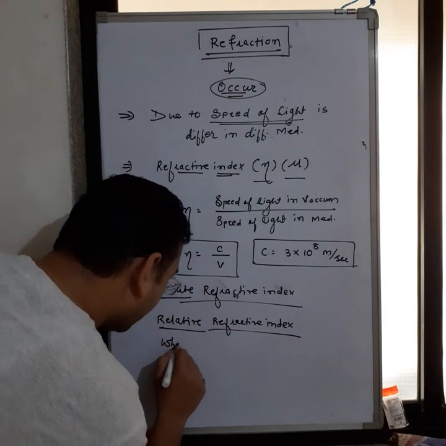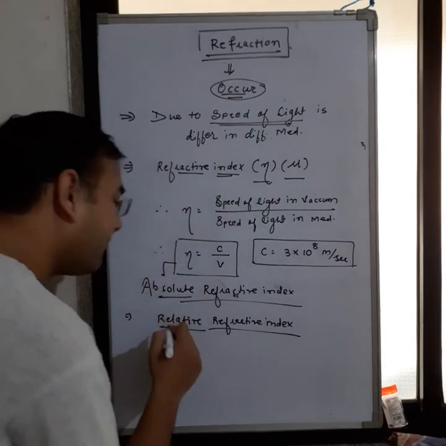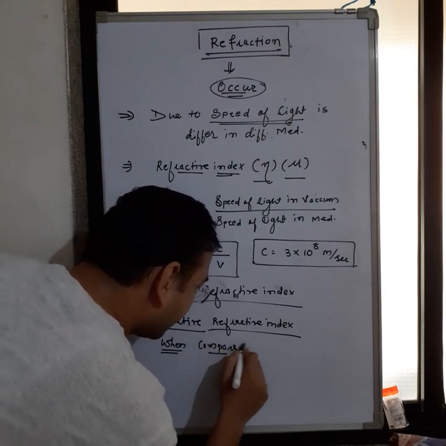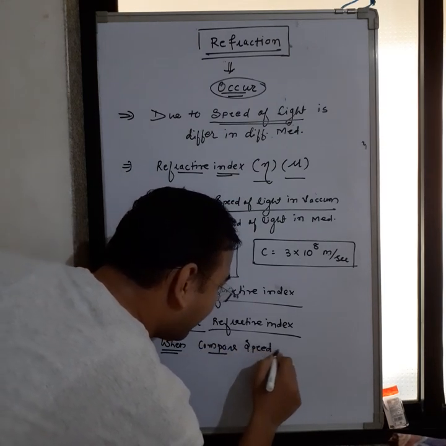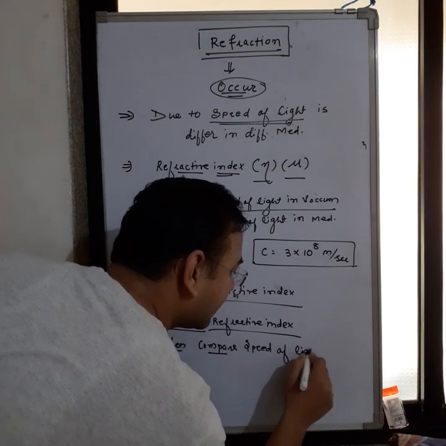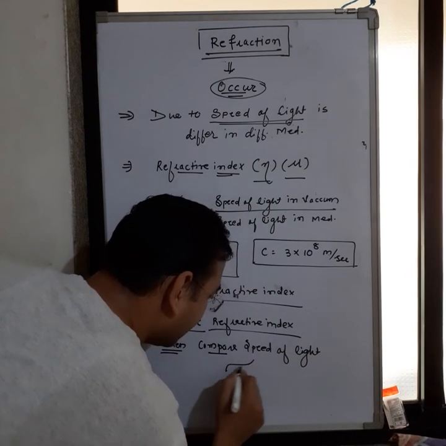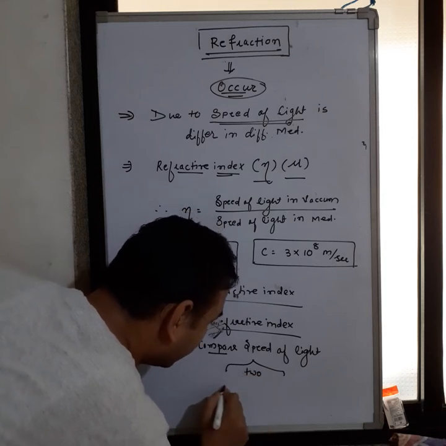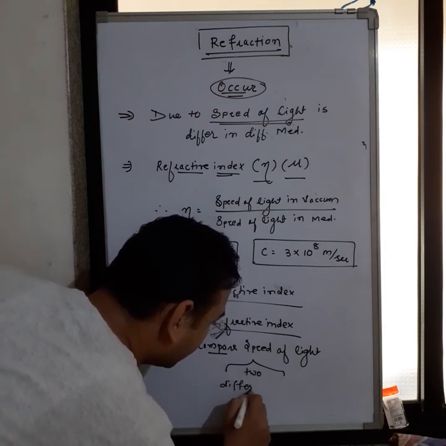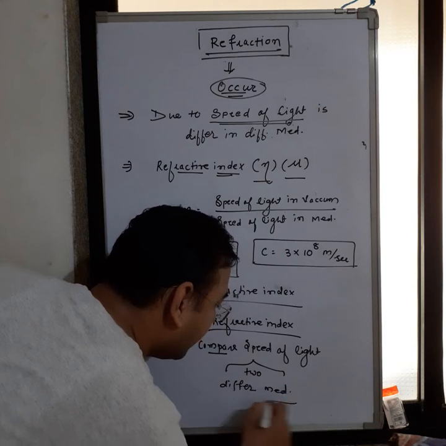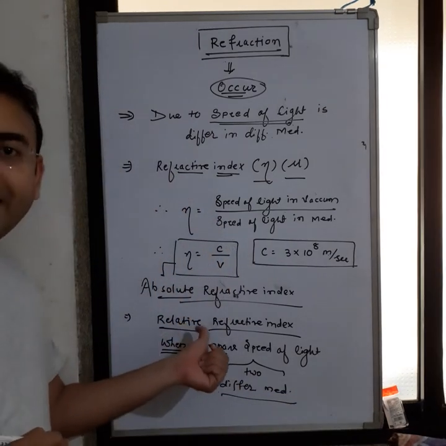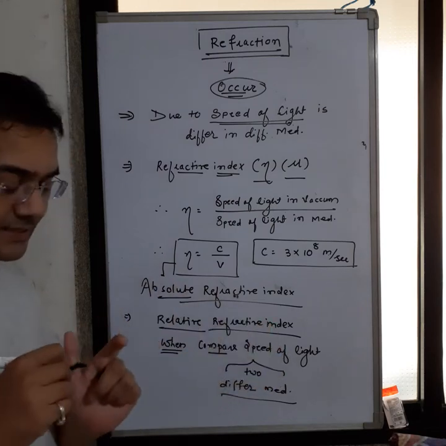When we compare the speed of light in two different mediums, then it is considered as the relative refractive index.